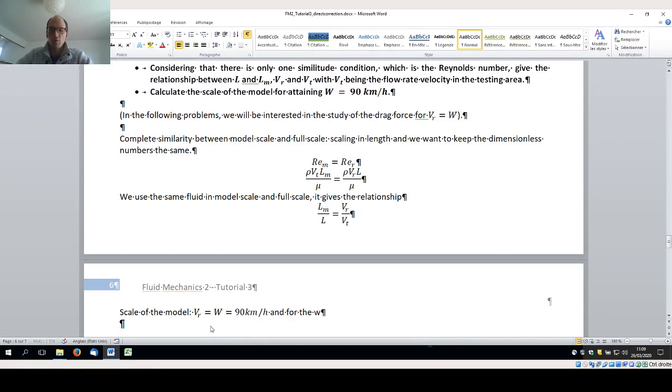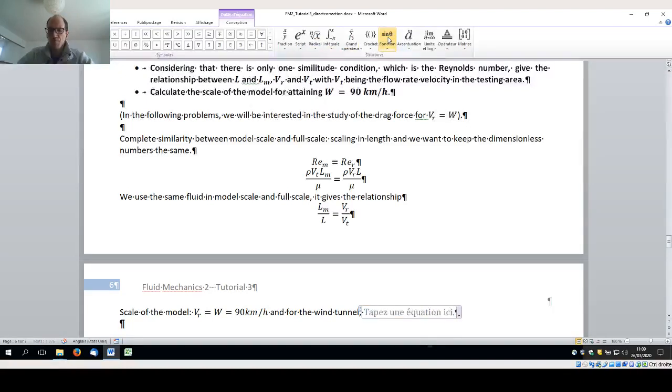And for the wind tunnel, the velocity in the testing area is equal to, by definition, the flow rate, we'll take the maximum value, divided by the testing area.